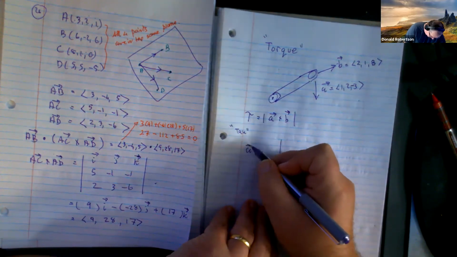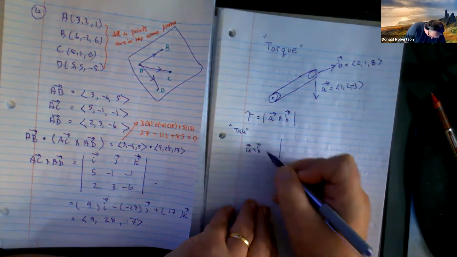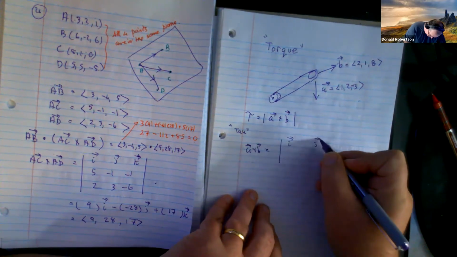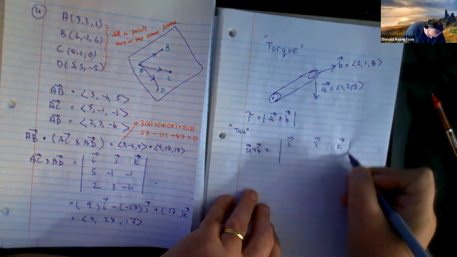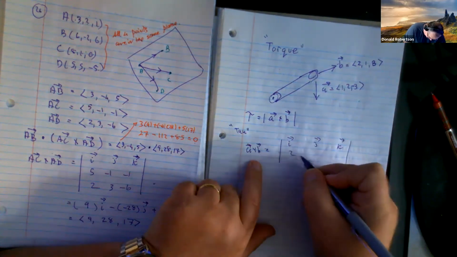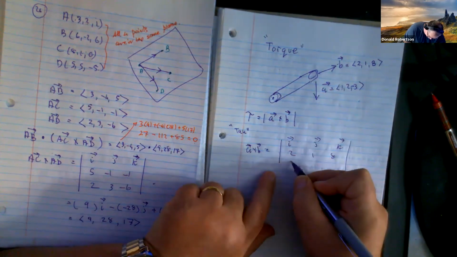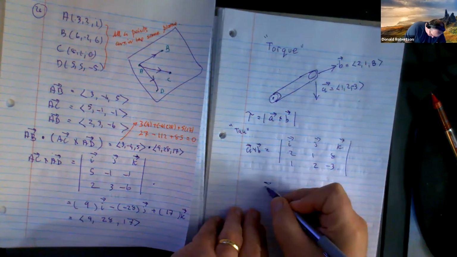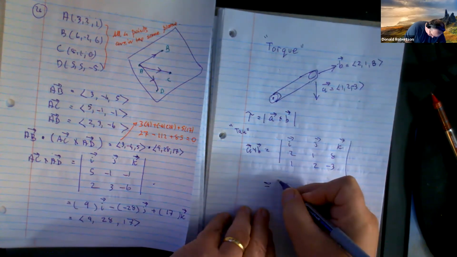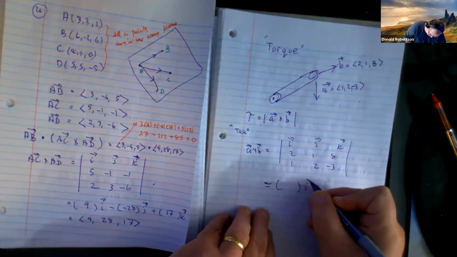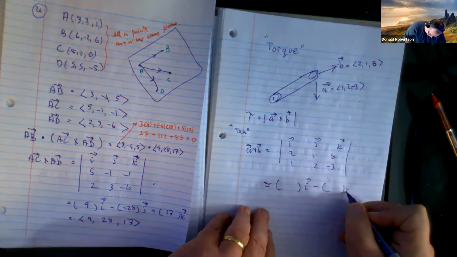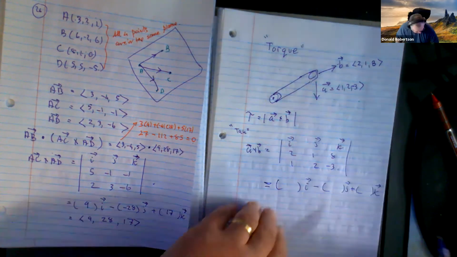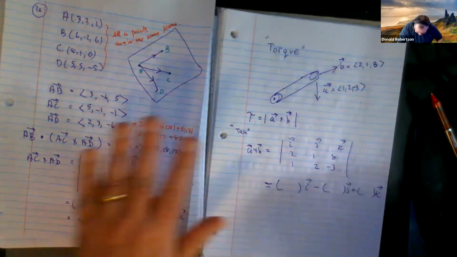I believe it's A cross B. So it's going to be I, J, and K. And it's going to be 2, 1, 8, 1, 2, -3. So many I's, take away so many J's, plus so many K's.